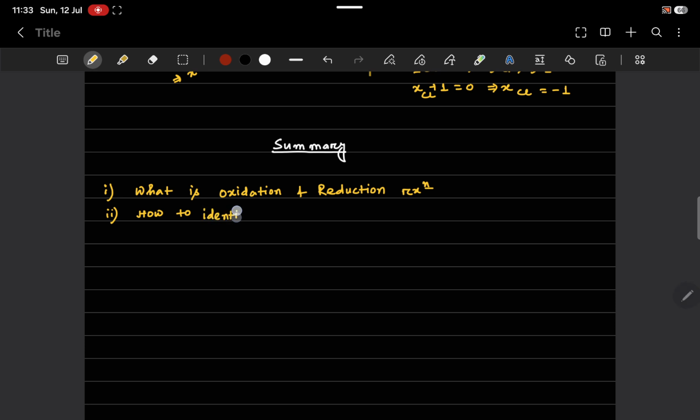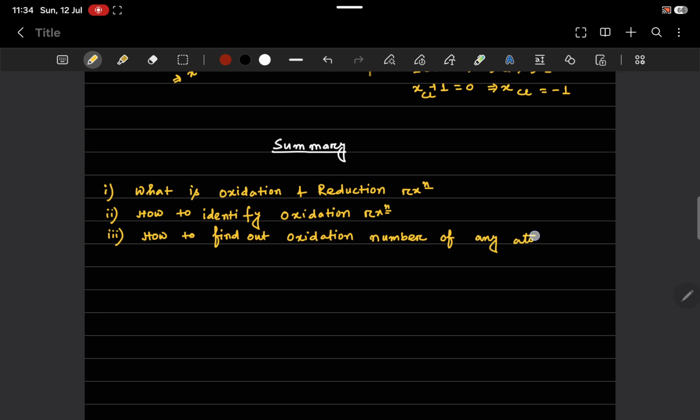How to identify an oxidation reaction? How to find out the oxidation number of any atom in an organic molecule?